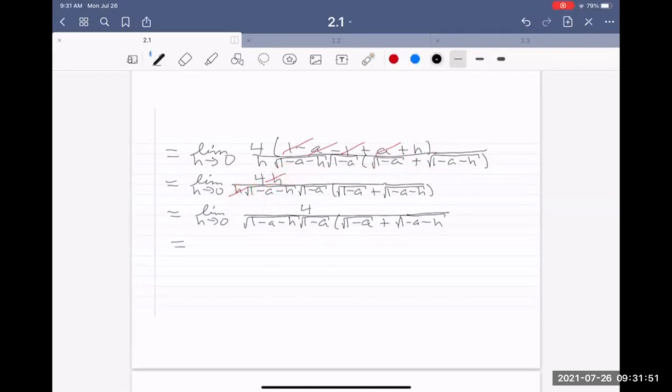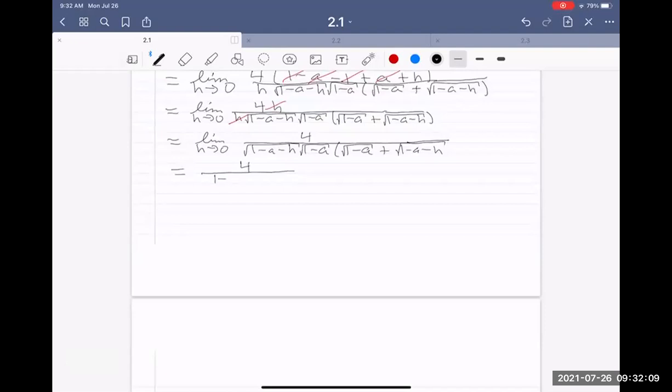But now if I plug in h equals 0, I get 4 over radical 1 minus a times radical 1 minus a, which is 1 minus a, radical 1 minus a plus another radical 1 minus a is 2 radical 1 minus a. So the 2 and the 4 will simplify. And the 1 minus a and the radical 1 minus a's will simplify.